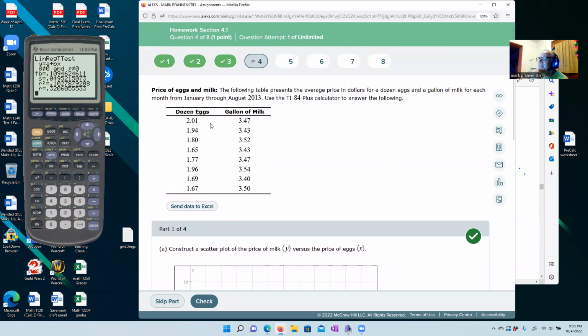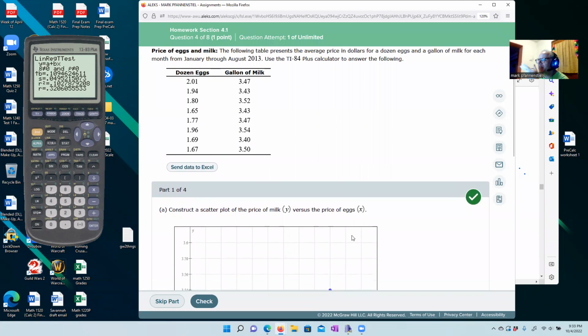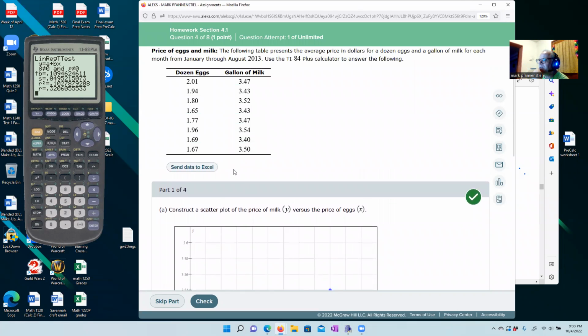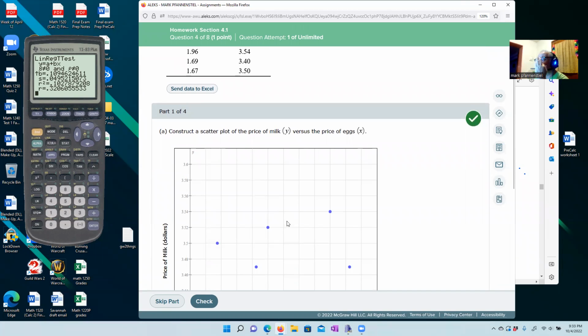It makes sense that if the price of eggs goes up, the price of milk goes up. I would say there's a lurking variable like gasoline, maybe feed for the animals. Not that one is necessarily causing the other, but they would be related, influenced by the same factors, like the price of gasoline would cause both of these prices to rise.